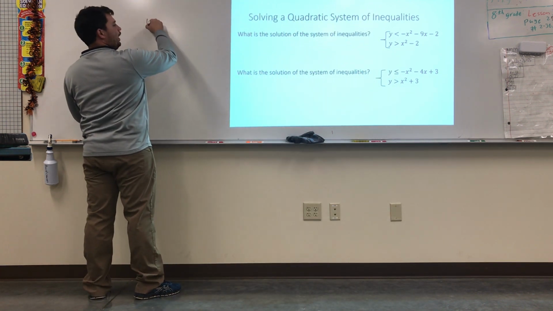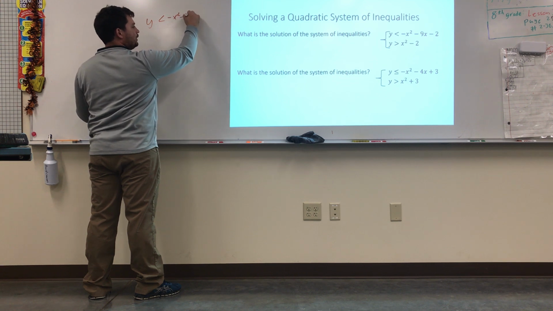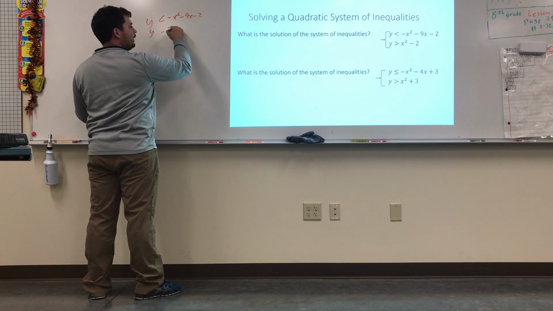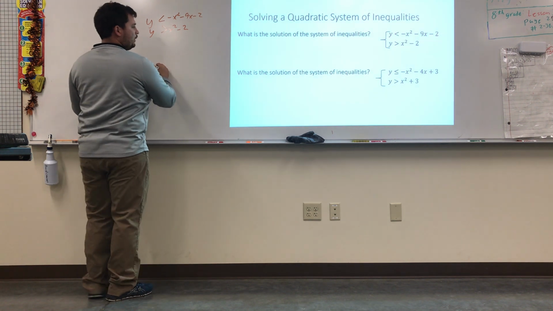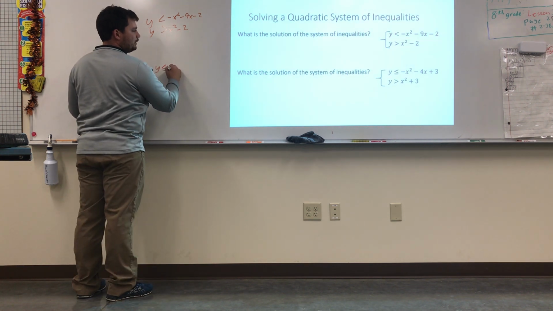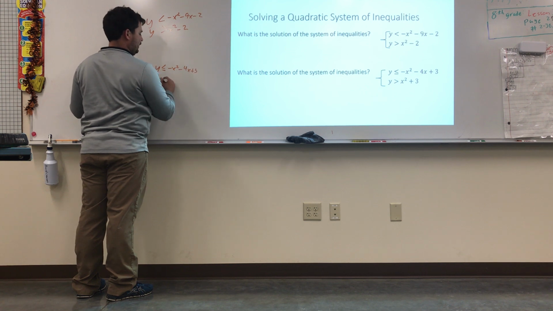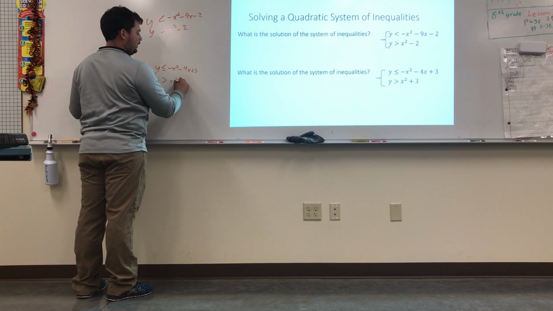So you have y is less than negative x to the second minus 9x minus 2, and you have y is greater than x to the second minus 2. And then down here we have y is less than or equal to negative x to the second minus 4x plus 3. And I have y is less than x to the second plus 3.